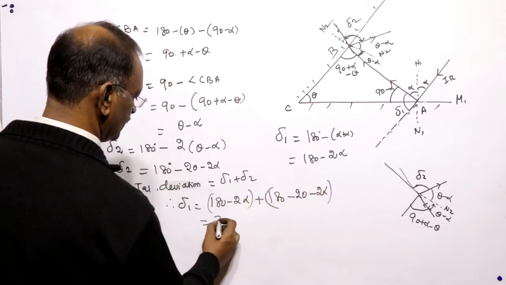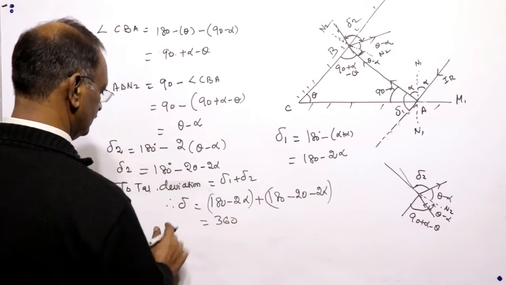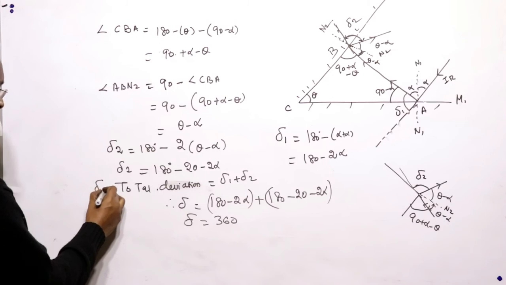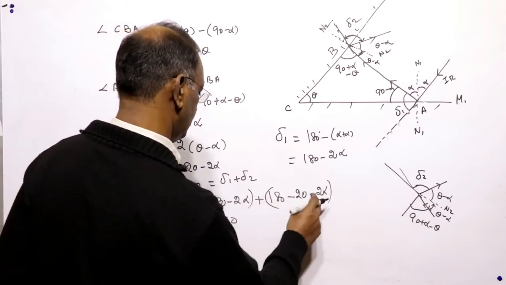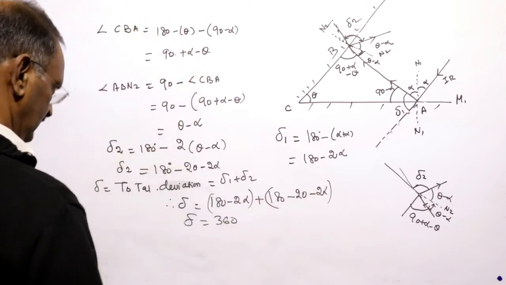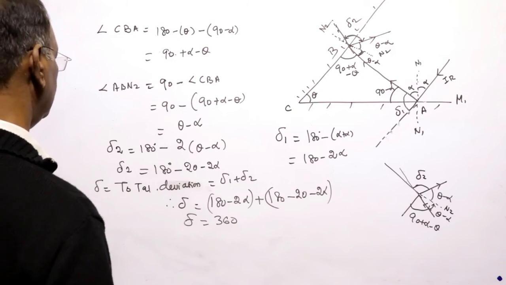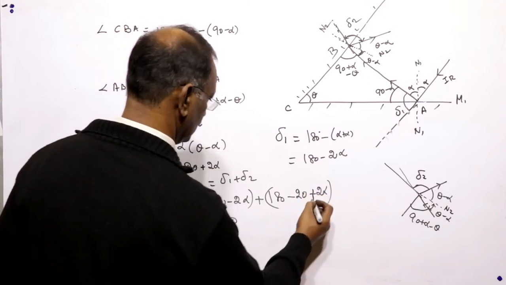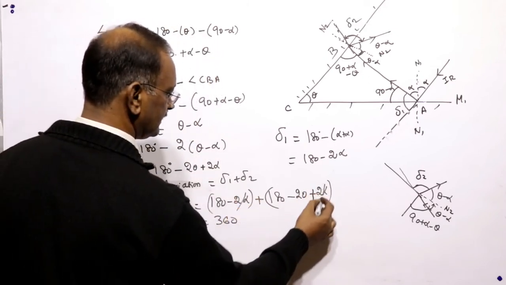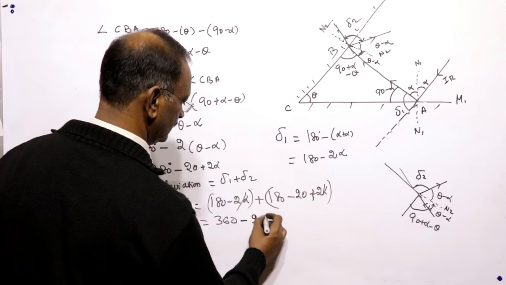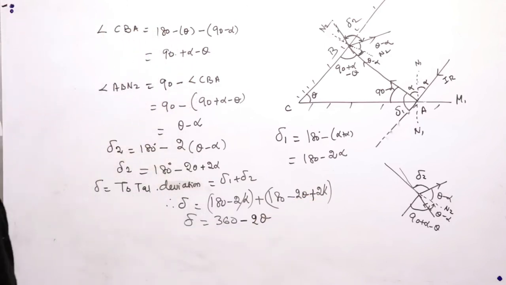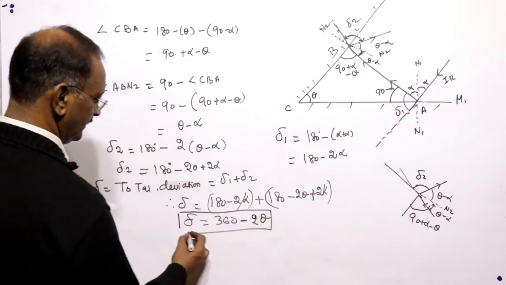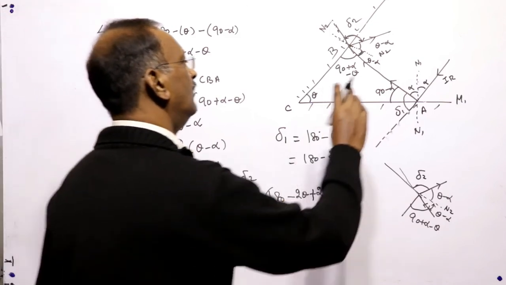This 180 plus 180 is equal to 360. Minus 2 alpha plus 2 alpha, so alpha gets cancelled, leaving minus 2 theta. So the total deviation produced is equal to 360 minus 2 theta after reflection from M1 and M2.